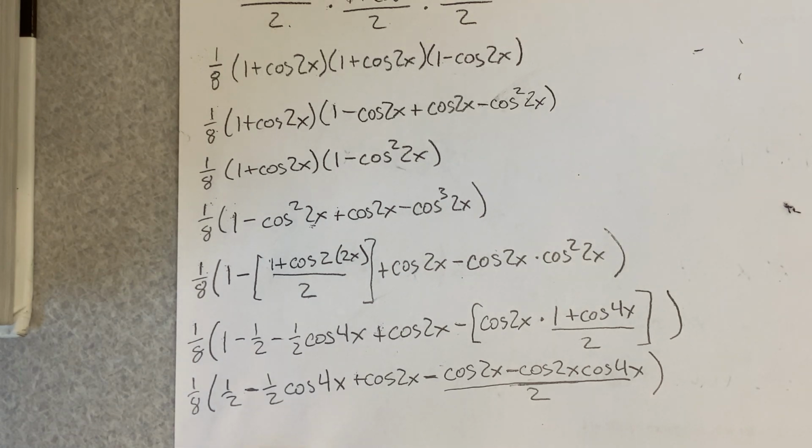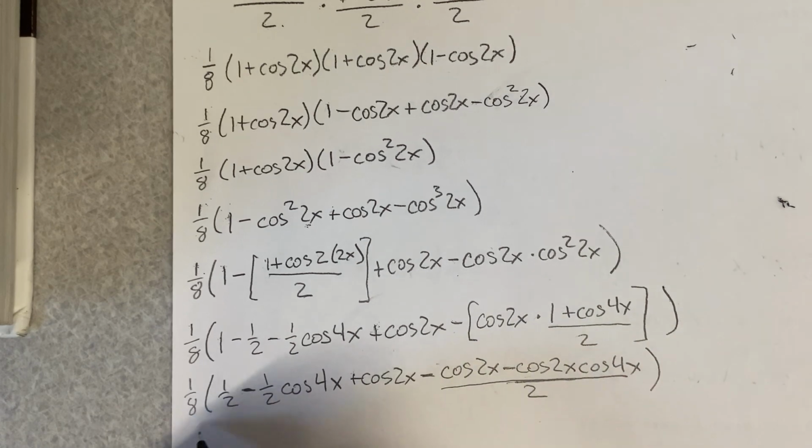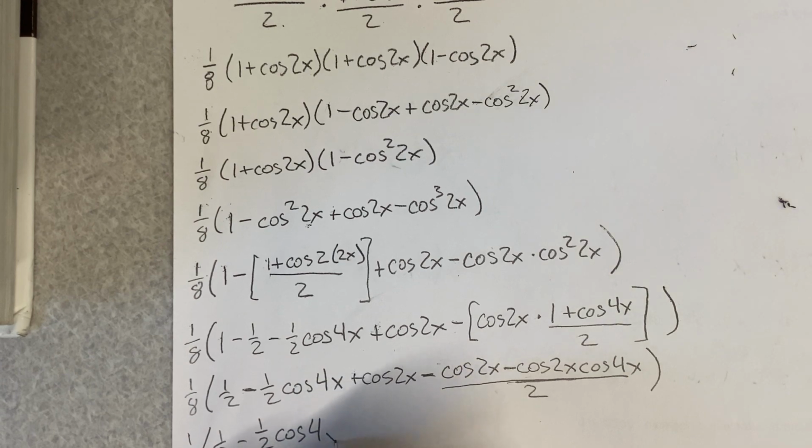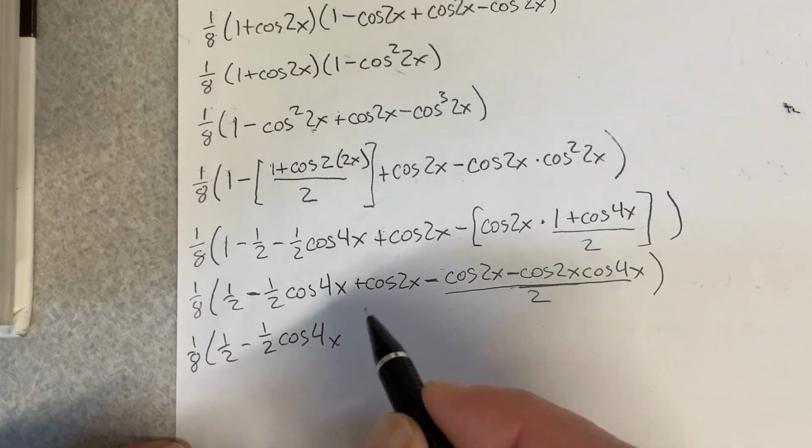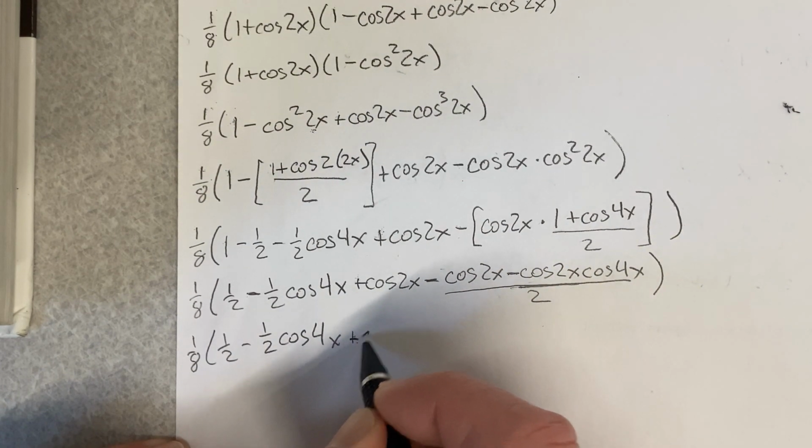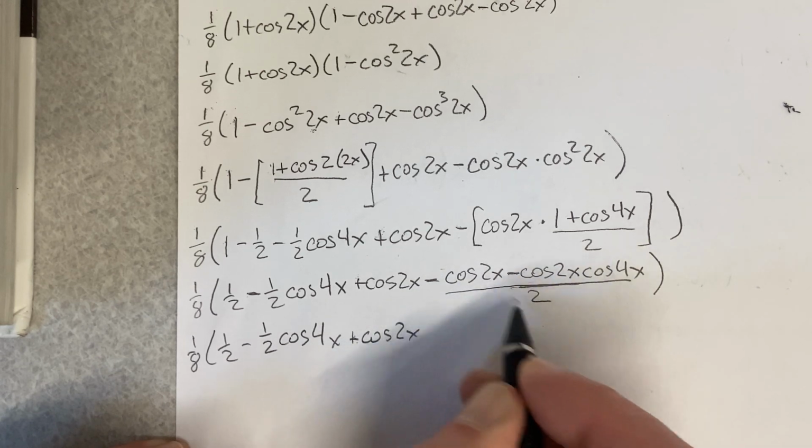All right, so now we're just going through and seeing how we can simplify this a little bit more. I'm going to break some of this stuff up. So now we have 1/8. We got 1/2 minus 1/2 cosine of 4x plus cosine of 2x. And now I'm just going to separate these, right?